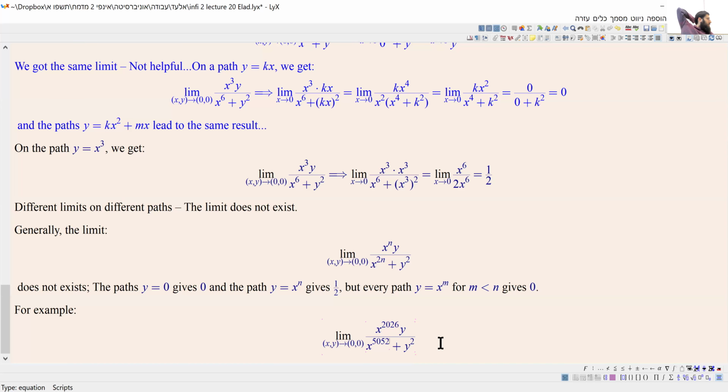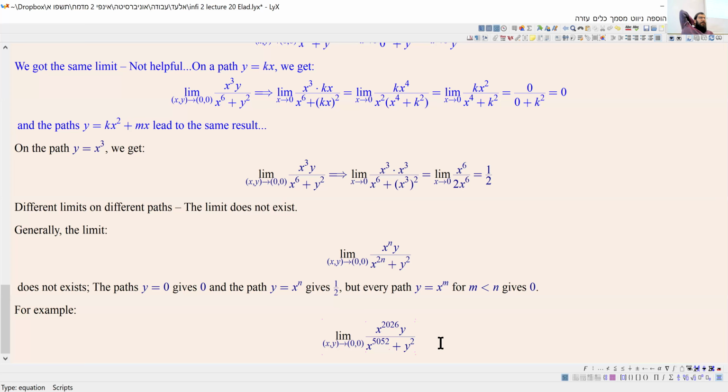We need to use the specific path y equals x to the power of 2026. I'm not going to write it down, but one can think of an example in which every polynomial path gives us the same limit 0.